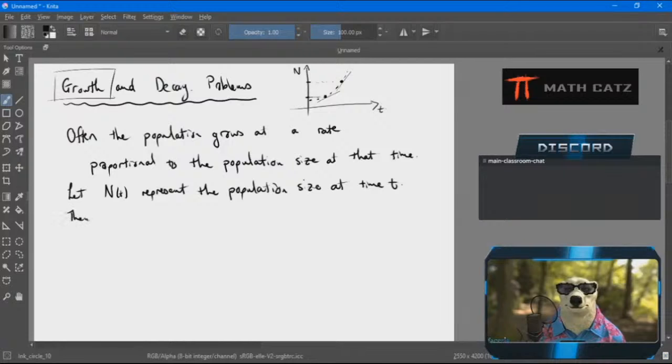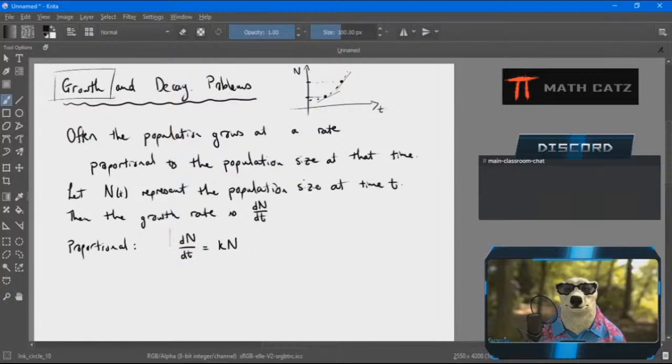Then the growth rate is, of course, dN/dt, the time derivative. Now, when these two things are proportional, it means the ratio of the two is a constant. Or in another way, maybe a simpler equation, proportional means that one is related to the other by just a constant factor.